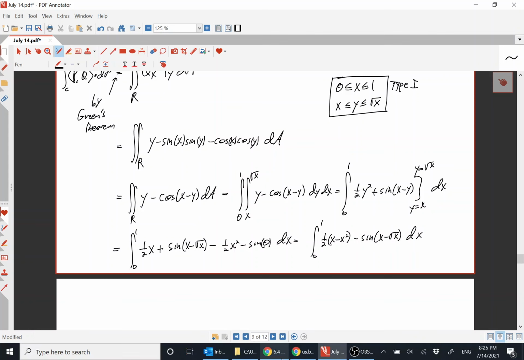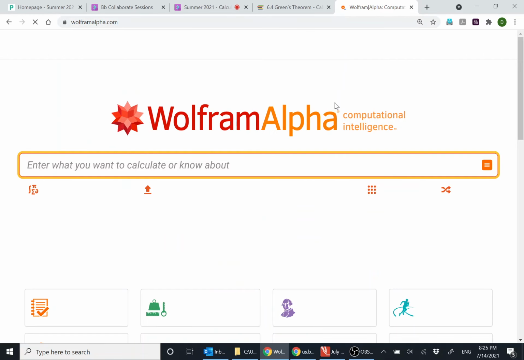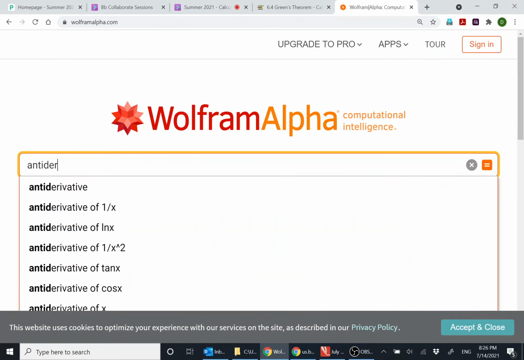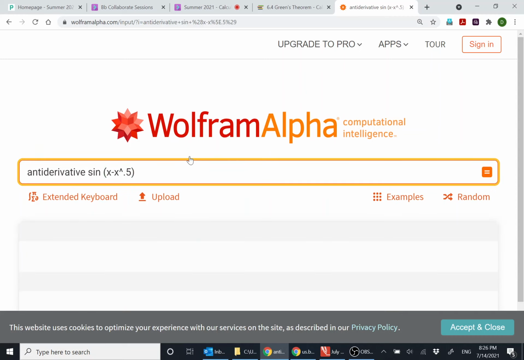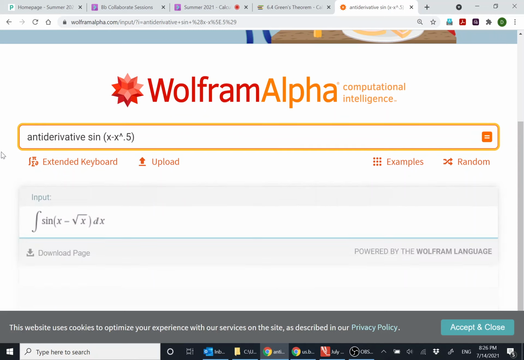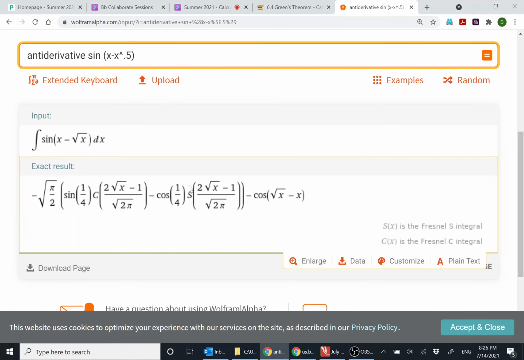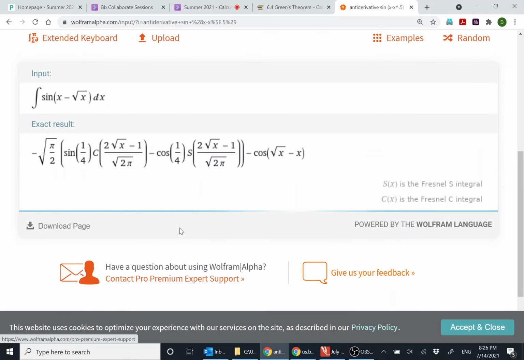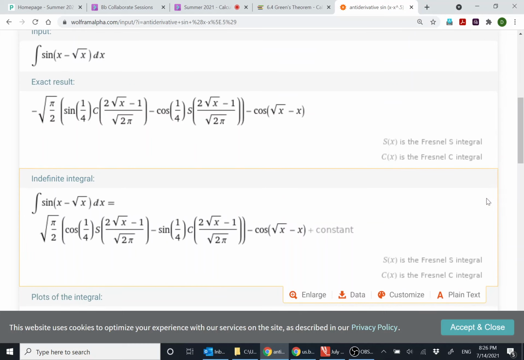Sine of x minus root x. It's going to say something really weird. You know, there's the antiderivative, whatever this means. C of this, S of that. S is the Fresnel S integral, C is the Fresnel C integral. Okay, so Fresnel functions.